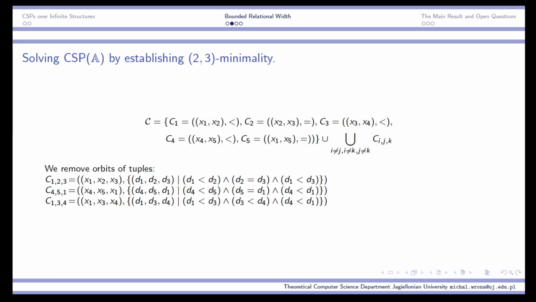Finally, we look at C134. Of course, the algorithm works for all the constraints, and we present only some of them just to see something.